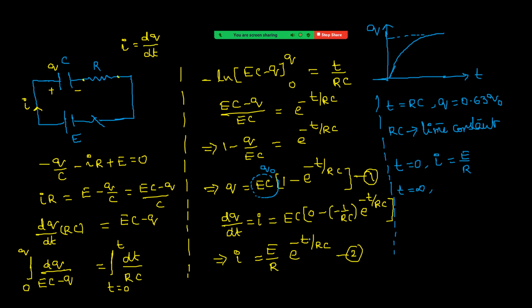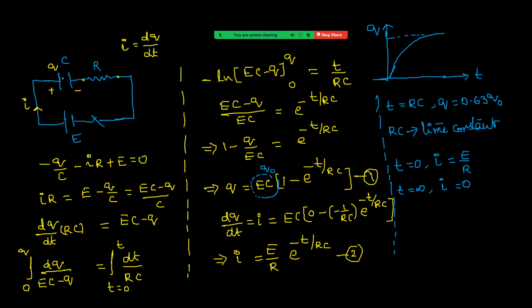That means current equal to 0. Current 0 means it is now fully charged. When the capacitor is fully charged, there will be no flow of current.